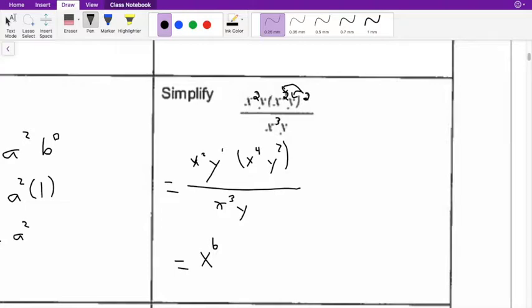And y to the 1 and y to the 2 is going to be y cubed. And we still have x cubed and y down here. Now we have division, which is subtracting. So 6 minus 3 is going to be 3. And 3 minus 1 is going to be 2. And like that, we have the final answer.